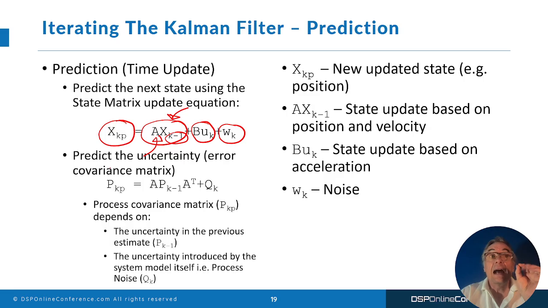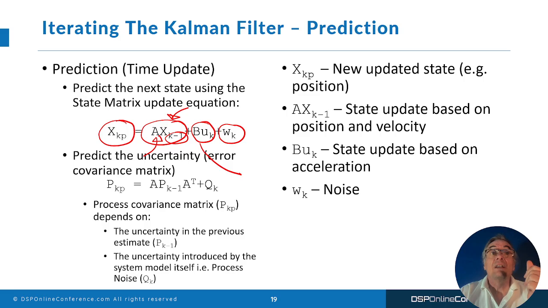The A is not just a single value as it would be in a one-pole filter. It's a matrix, called the state transition matrix. So we're taking the previous state and transitioning it using our known knowledge of how that changes. Remember, the state transition matrix incorporates position and velocity typically, so we're going to update both.